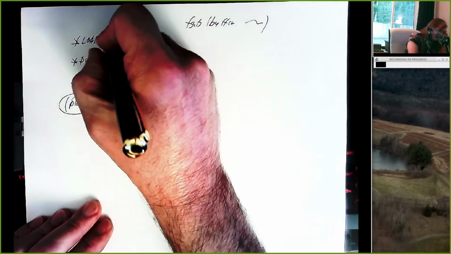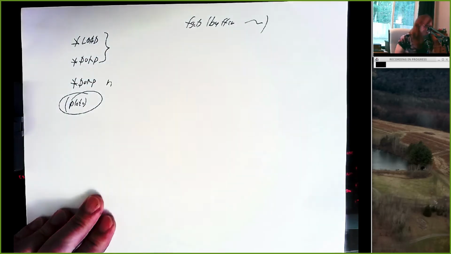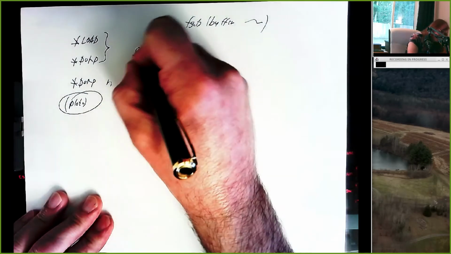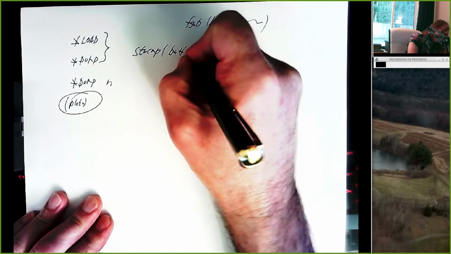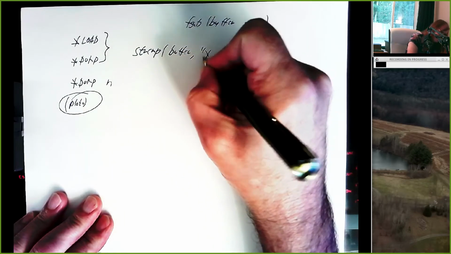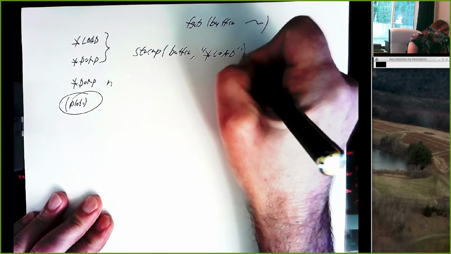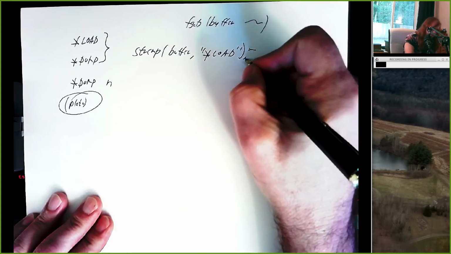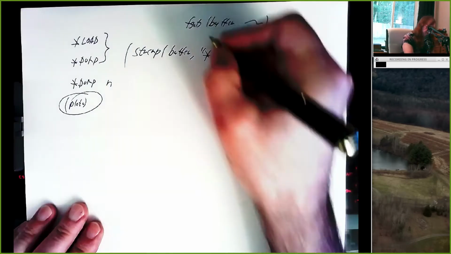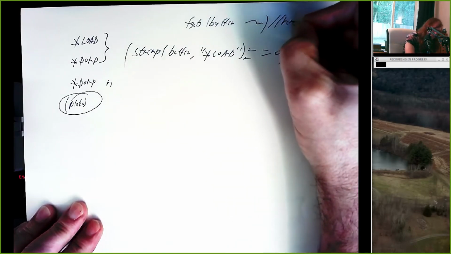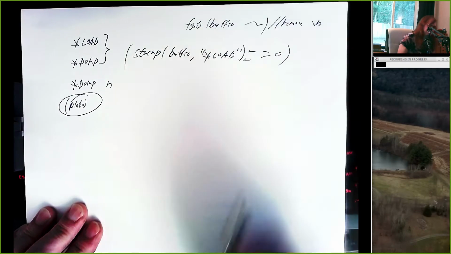And these two are very straightforward to detect. Just do string compare, buffer, star load, and see if it's equal to 0. Now this is assuming that I've removed the new line at the end.